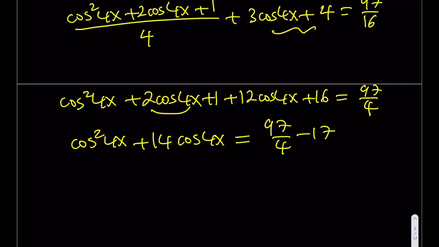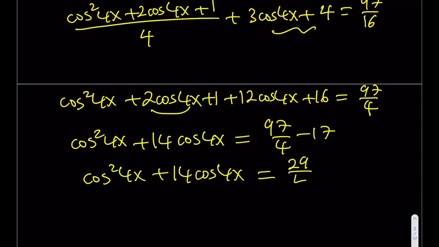Well, 4 times 17 is going to be 68. And if you subtract 68 from 97, right? 97 minus 68 is going to be 29. Okay, cool. So I'm going to be getting this plus that is equal to 29 over 4.